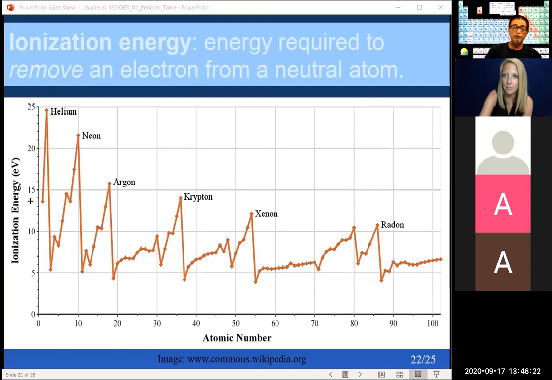But as we go across the periodic table, where we start here with hydrogen and go across to helium, notice the ionization energy goes up as we go from hydrogen to helium, okay? The trend shows that. So from helium, we wrap around to go to lithium. So this is going across, starting here to neon, that's the second period. Notice the energy required increases as we go across the periodic table. And that's the second period.